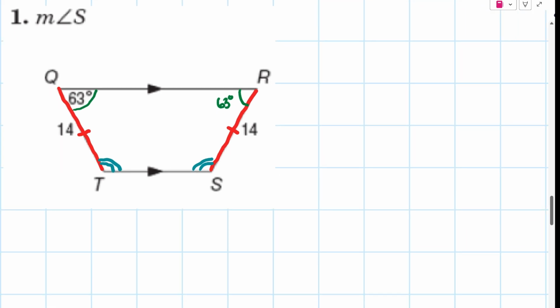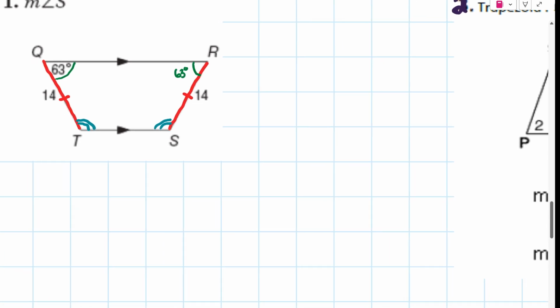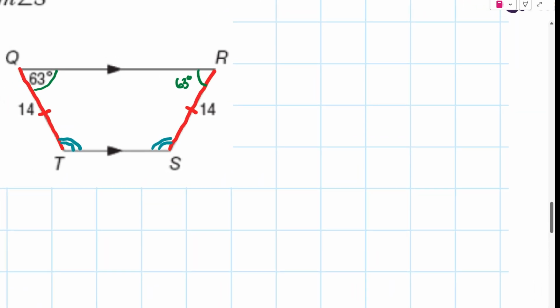All right, now that that's marked, let's go ahead and find out the measurement of the angle that I'm looking for, which is S. So these two angles are opposite to each other. And unlike a parallelogram, when you have opposite angles in an isosceles trapezoid, these are going to be supplementary.